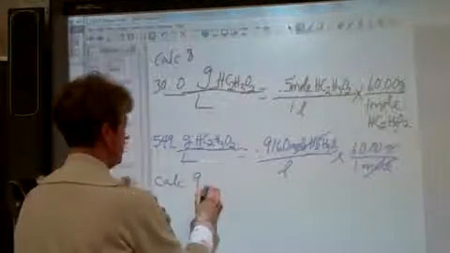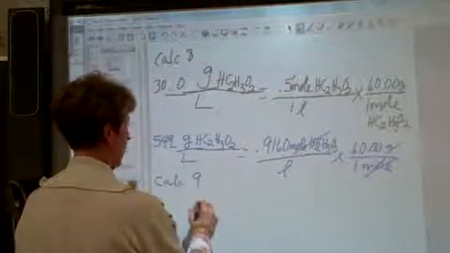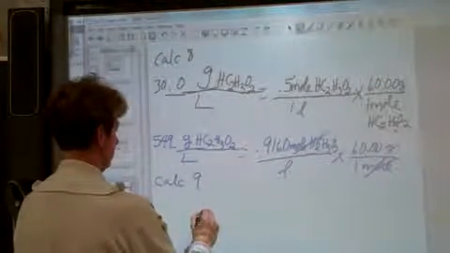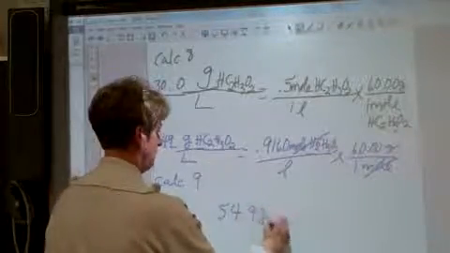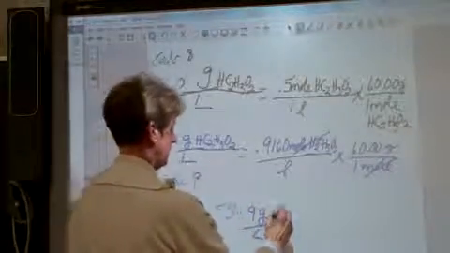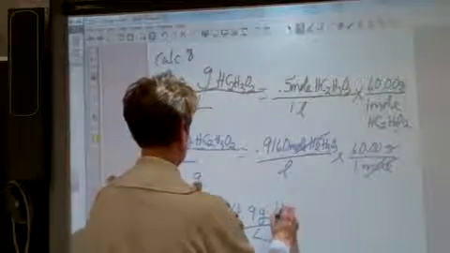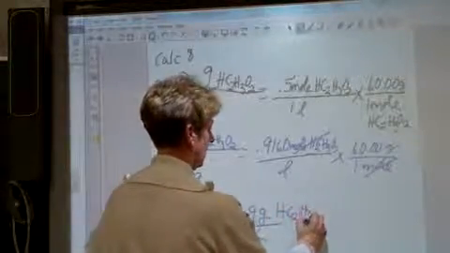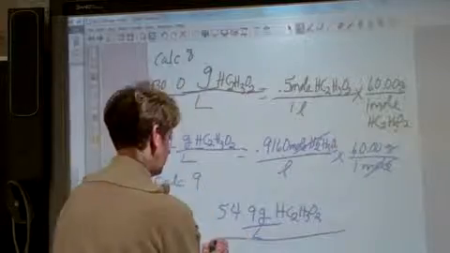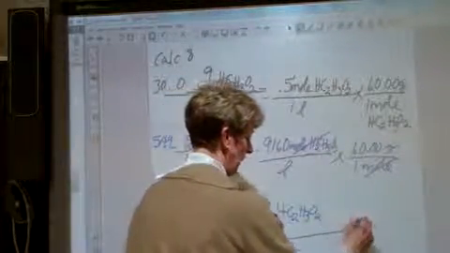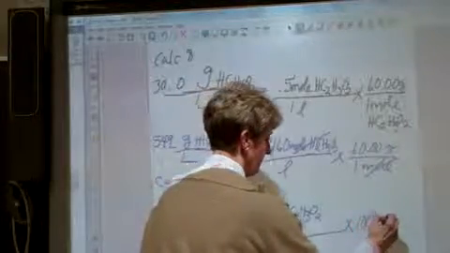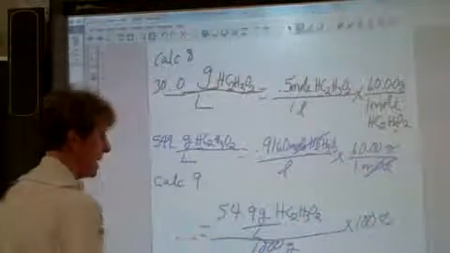Right? So doing that calculation here, calculation 9, this is data from a 7th hour student, who had 54.9 grams per liter of acetic acid. And what we want to do in calculation 9 is divide by 1,000 grams and multiply by 100 to get that percent.